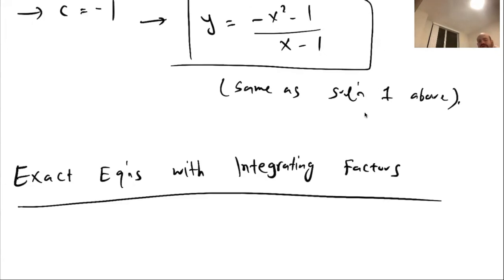Some equations are not exact, but can be converted into an exact equation once we multiply both sides by a proper integrating factor. So this is the idea, that if the given differential equation is not initially exact, we want to convert it into an exact equation by multiplying by an integrating factor.